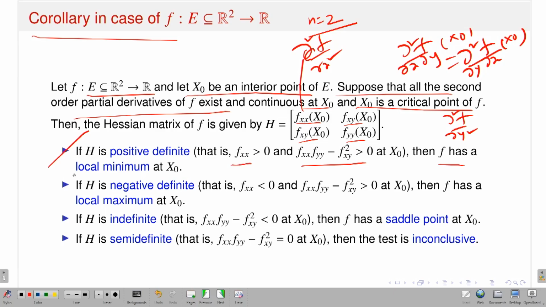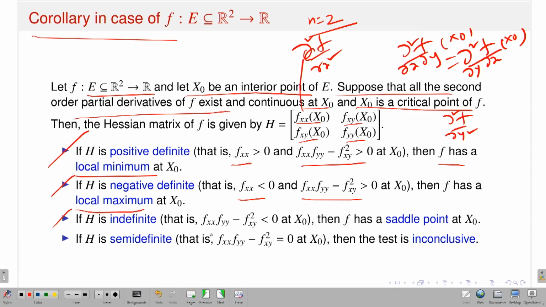Then f has a local minima at the point x naught. If H is negative definite, that means the determinant should be positive at x naught, and the 1 1 element, del 2 f del x square at x naught, is negative, then f has a local maxima.